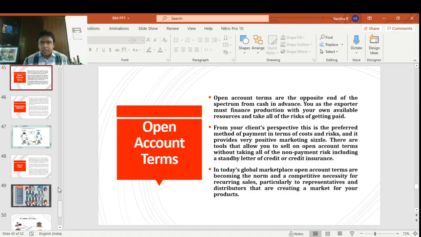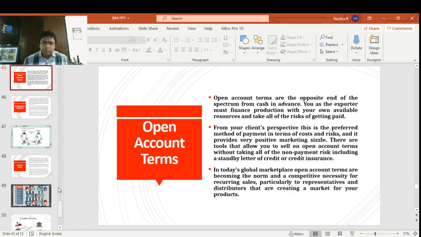There are tools that allow you to sell on open account terms without taking all the non payment risk, including a standby letter of credit or credit insurance. This is when you get into the letter of credit that assures you who will pay you and how to pay you and what is the guarantee that you've given your products to your buyer.